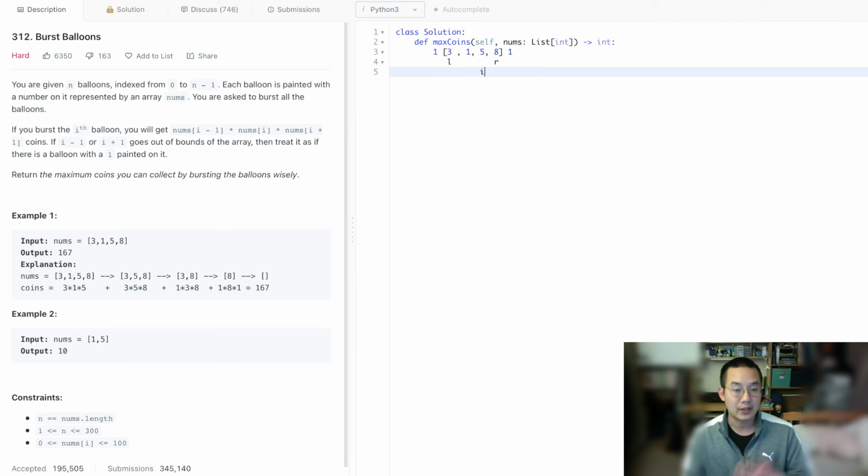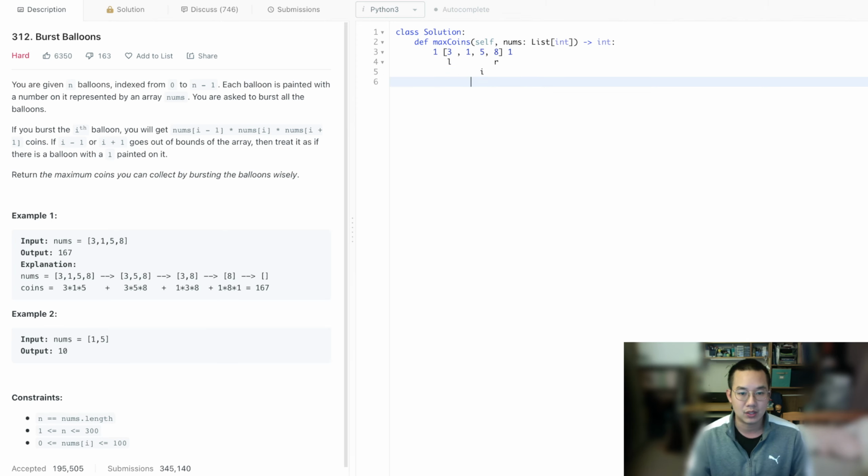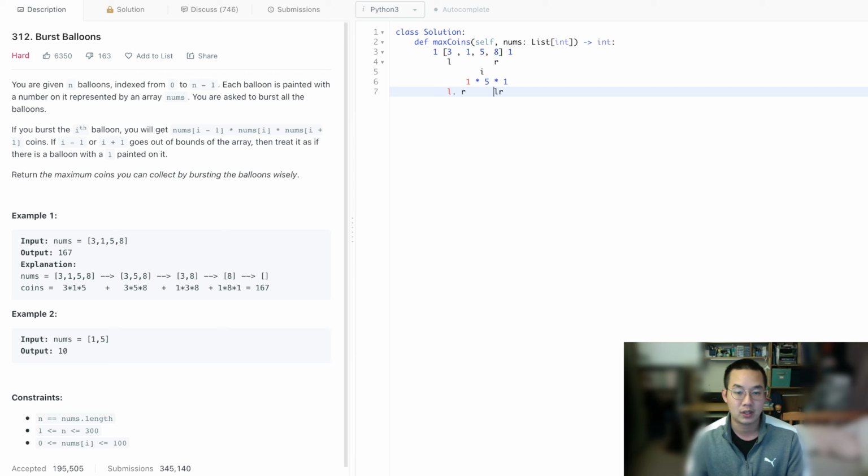So let's break down that problem, and let me give you a taste of what we're gonna do. So suppose we select 5, and by selecting 5, we know for sure that the left item and the right item will be 1. So this item will give us 1 times 5 times 1. Then we will have to take the left and right of this particular pointer, which is basically left is now i plus 1, and the right is i minus 1.